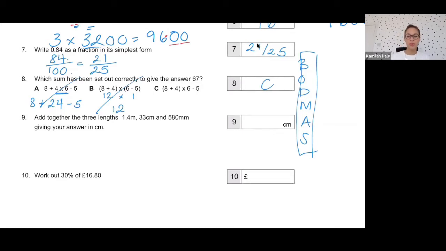I'll just write them on the board so I'm maybe a step behind you. So 1.4 meters is 140 centimeters, 33 centimeters just stays the same, and 580 millimeters would be 58 centimeters. So you're just adding those three numbers. Remember, there are 100 centimeters in a meter.